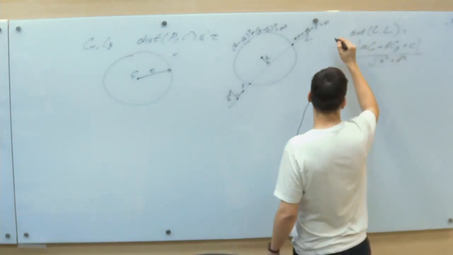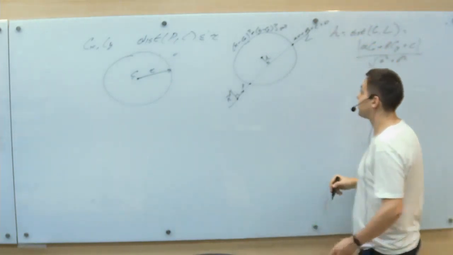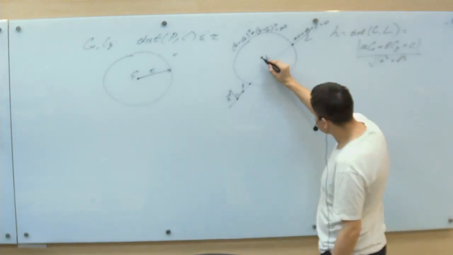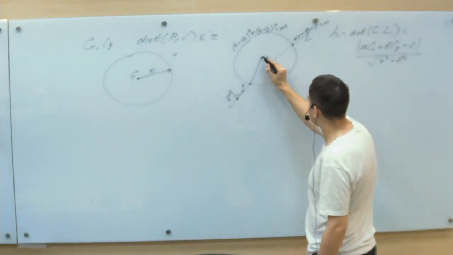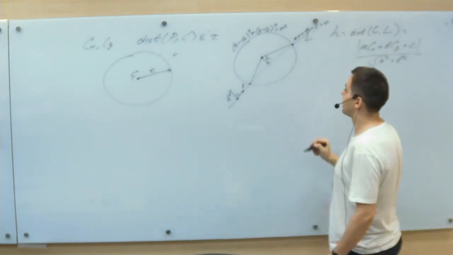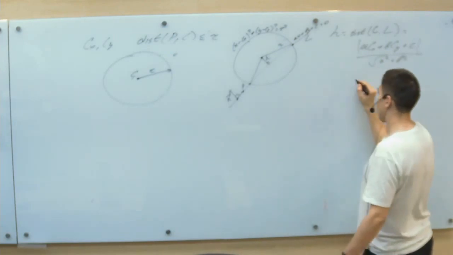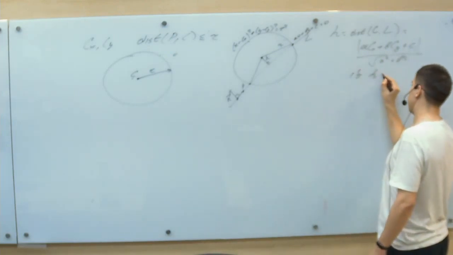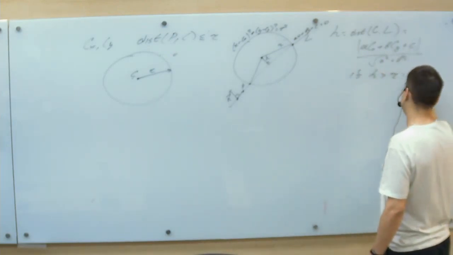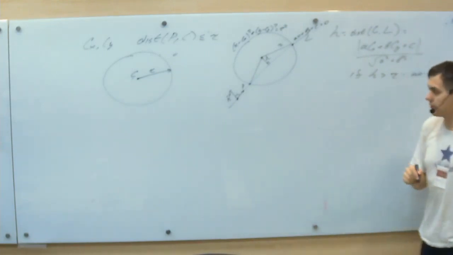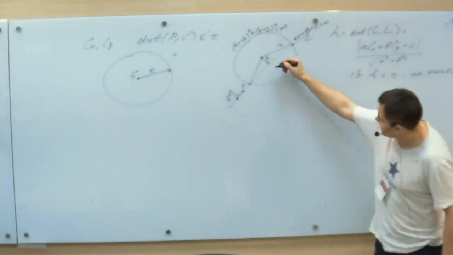Let's call it h. So this will be basically the height of these two right triangles. Now I know h, I know r. So if h is greater than r, then there are no points. Otherwise, we can find this point.